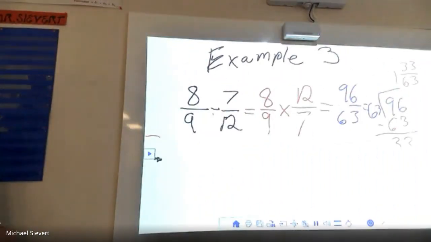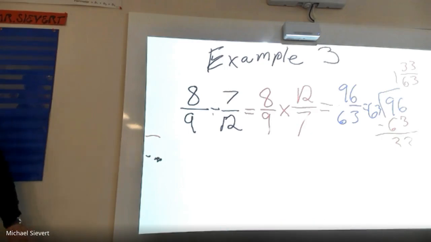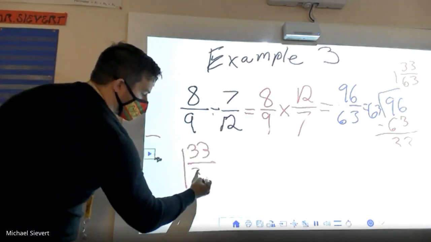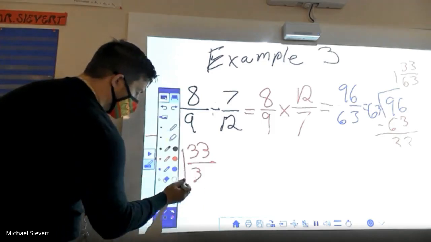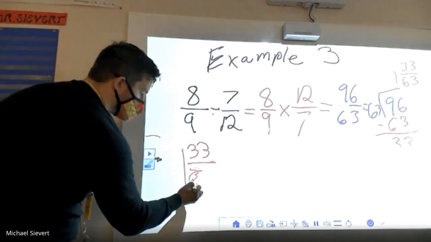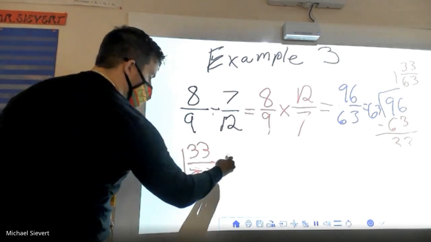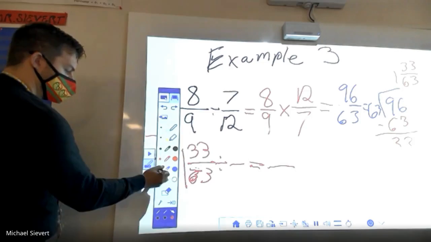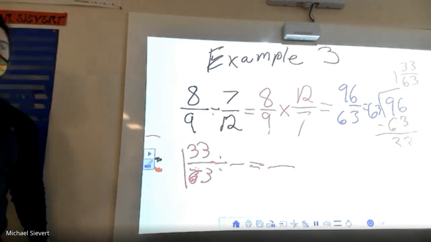But now we have to reduce, because 33 and 63 are not in lowest form. What could you divide them both by right off the bat? It's the most frequently seen number in this problem.